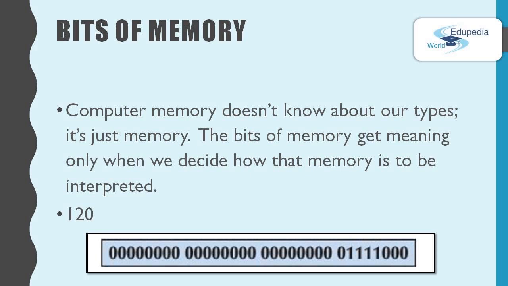We can illustrate this graphically like shown here, using ones and zeros to indicate the value of bits in memory. Remember, a bit is a unit of computer memory that can hold the value 0 or 1. This is the setting of the bits of an area of memory, a word, that could be read as an int 120 or char character x.